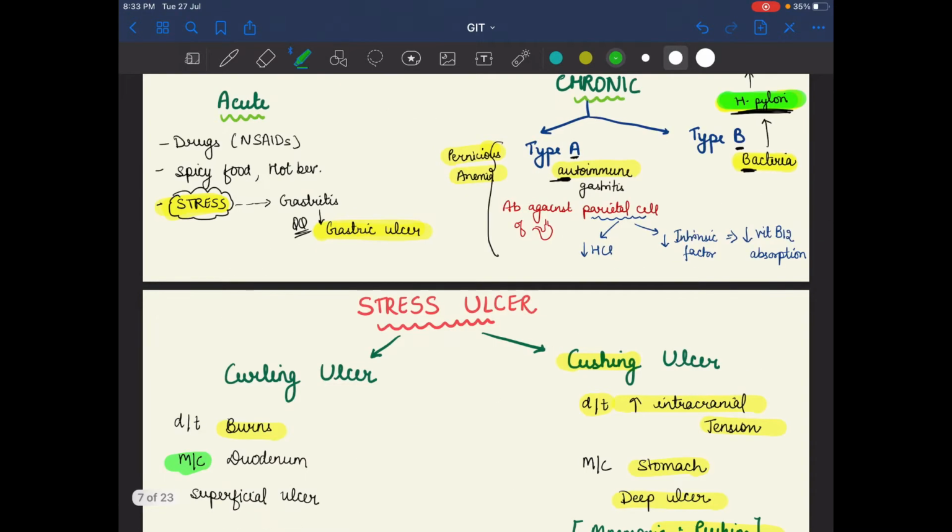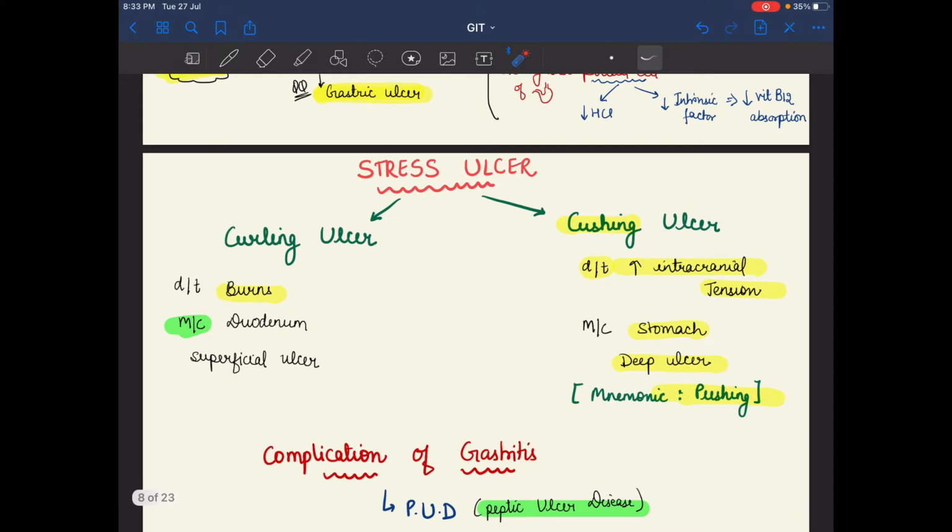Next is the stress ulcer. There are two types of stress ulcers, Curling and Cushing ulcer. Cushing, like pushing something. If something is pushing, it means there is an increase in intracranial tension. So for Cushing ulcer the mnemonic is pushing, and it is due to increased intracranial tension.